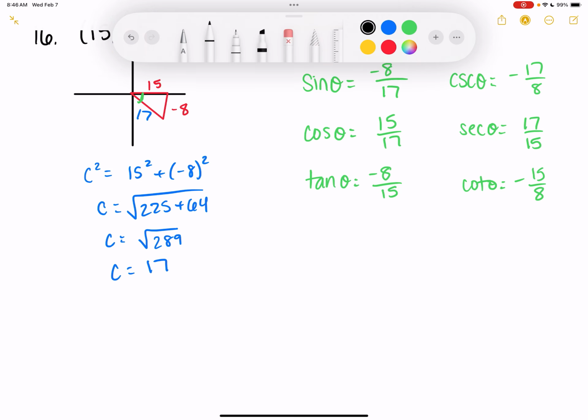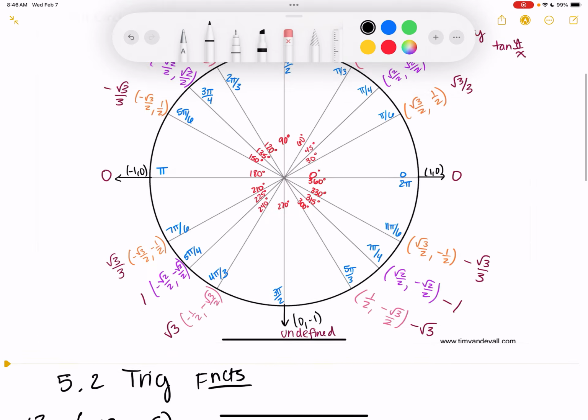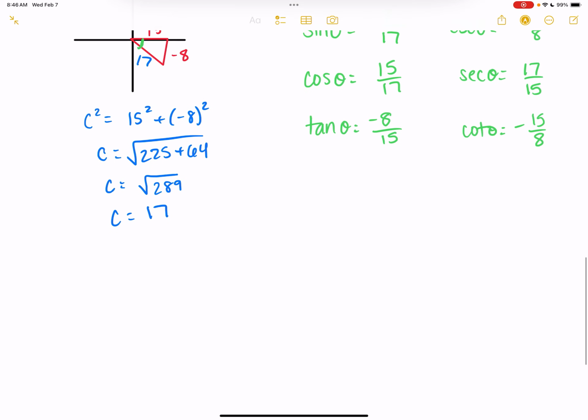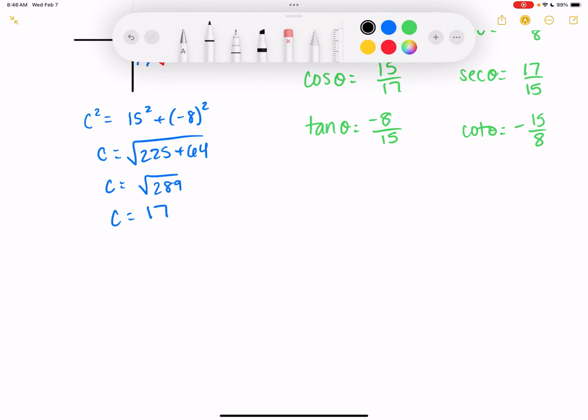Okay. All right, now is where we're going to need our unit circle briefly. I'm going to scroll back up to mine, but it's probably easier if you have yours there. Okay.